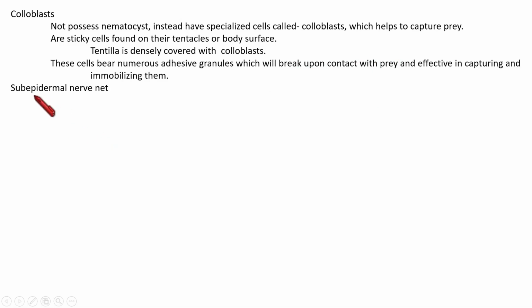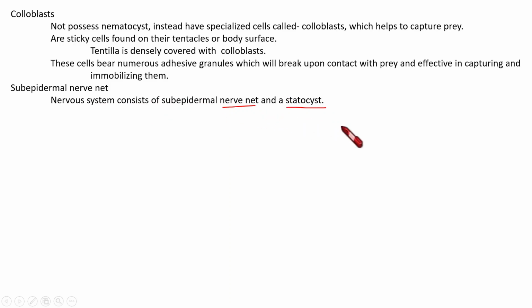Then we are going to see the subepidermal nerve net. Its nervous system is of the nerve net type. It consists of a subepidermal nerve net, and a statocyst is also present. So the nerve net and statocyst, these two are its sensory components present in ctenophores, and they help to maintain the organism's balance.